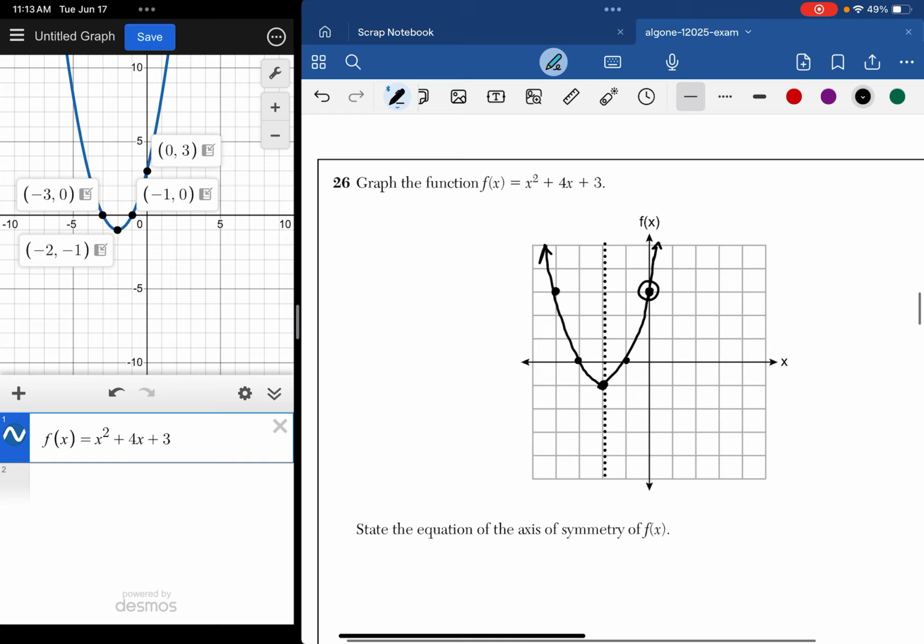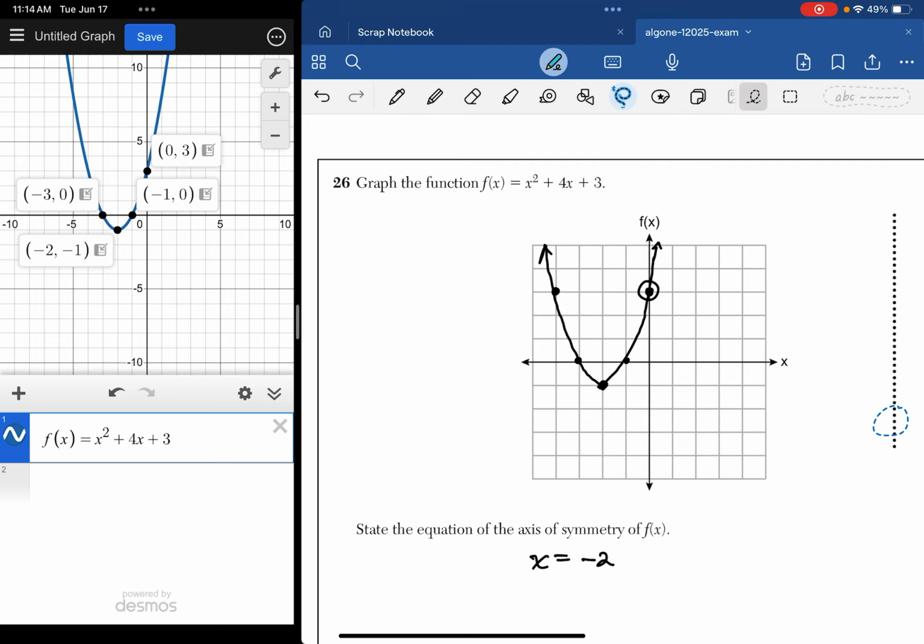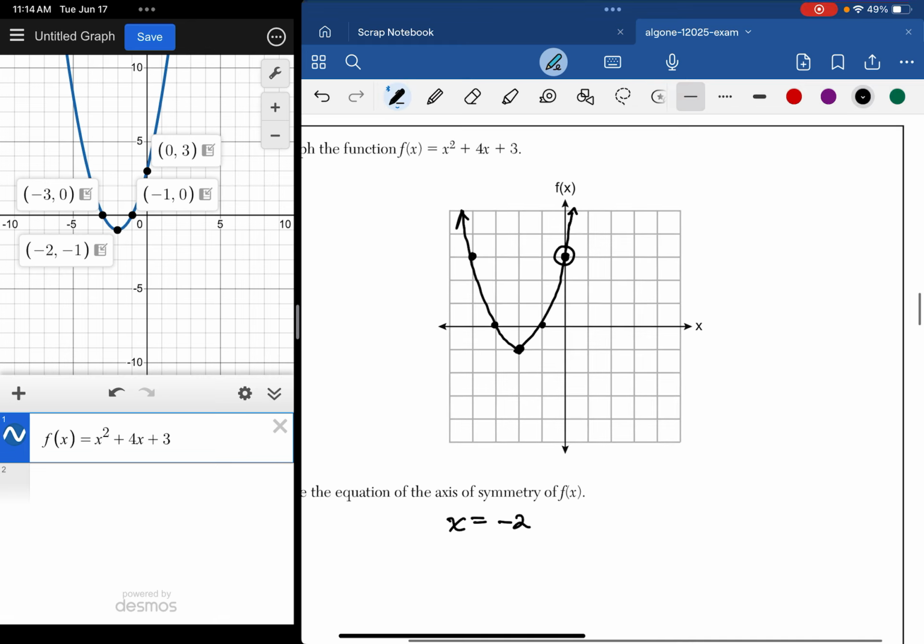But like I said, they didn't ask us to graph the axis of symmetry, so I'm going to pull that out. Oh, but they do ask us what is the axis of symmetry, or state the equation of the axis of symmetry. That's a vertical line, so x equals, and it's at -2. So let me get rid of this now. Make a little table of values here, just in case when I come back to it and check in my work, I'm pretty confident that I did it right.